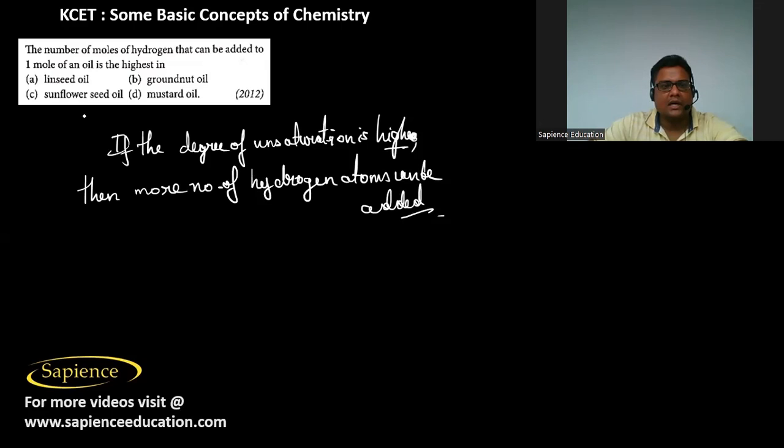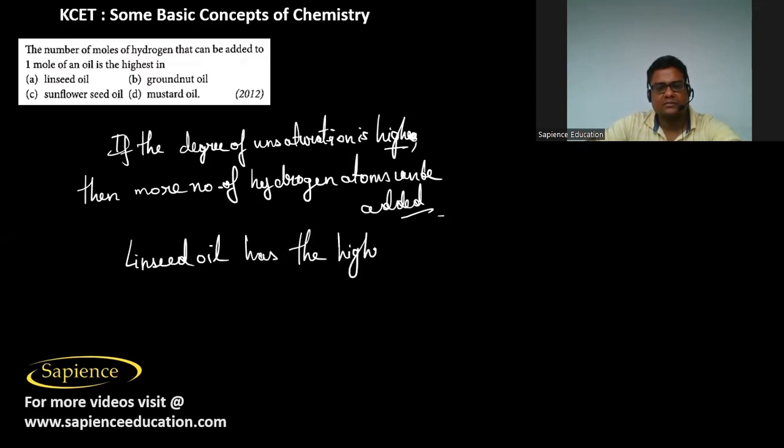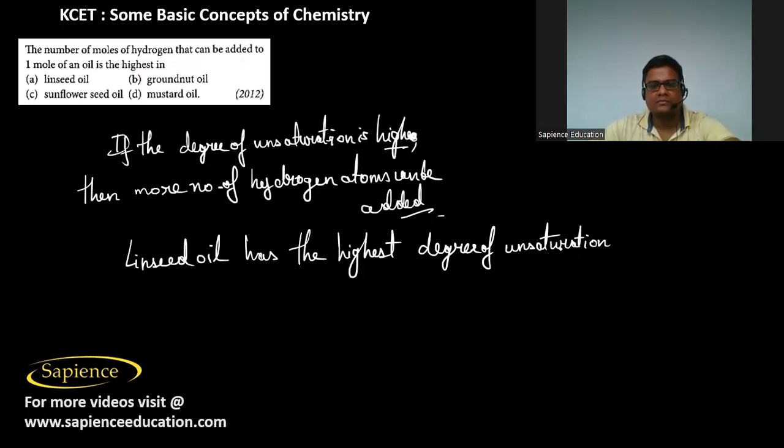Now, out of all these oils, linseed oil, groundnut oil, sunflower seed oil, and mustard oil, linseed oil has got the highest degree of unsaturation.